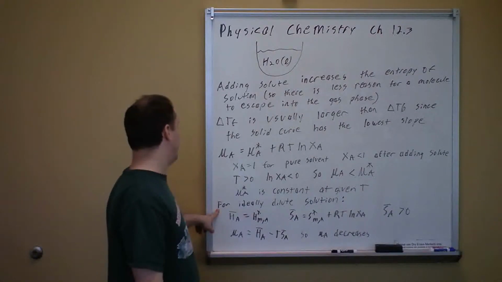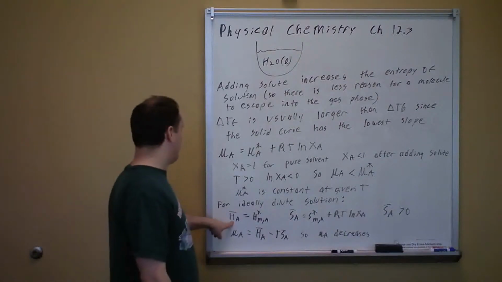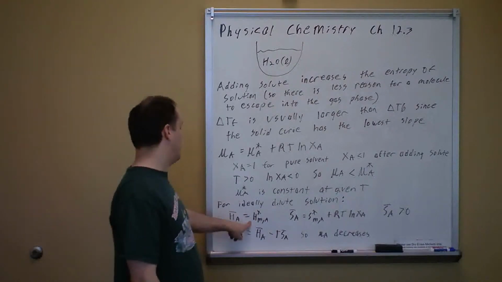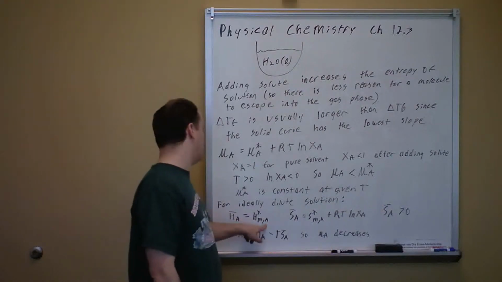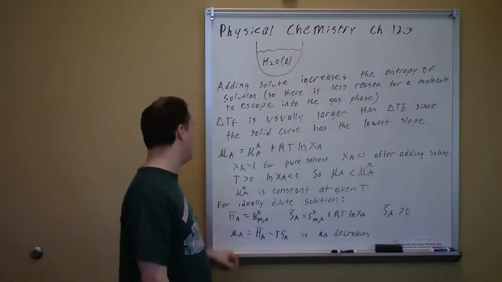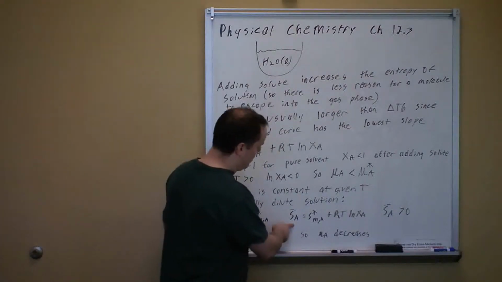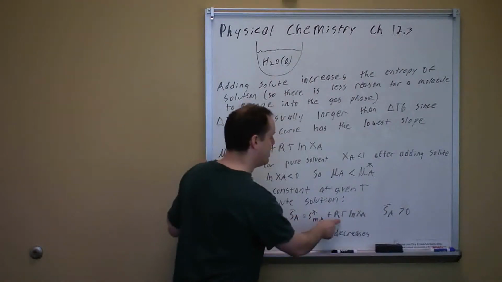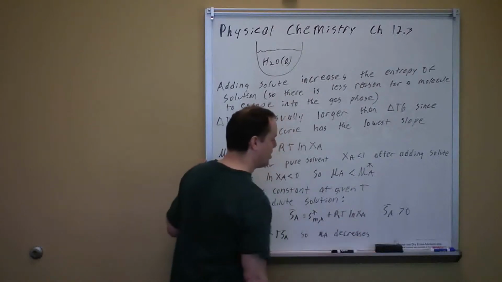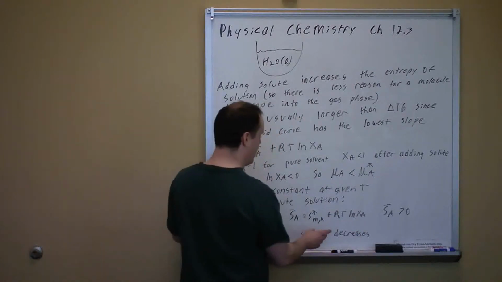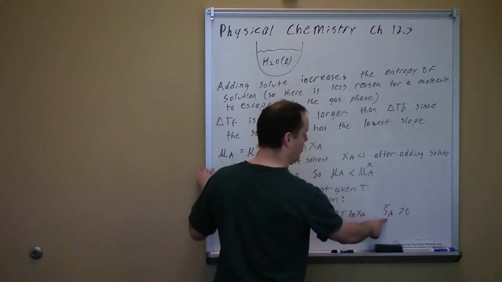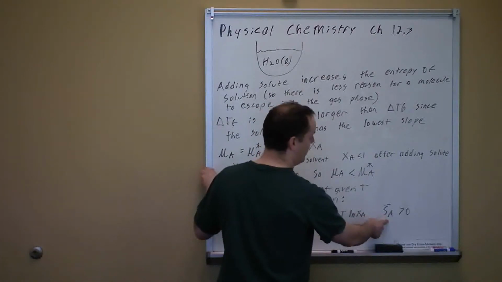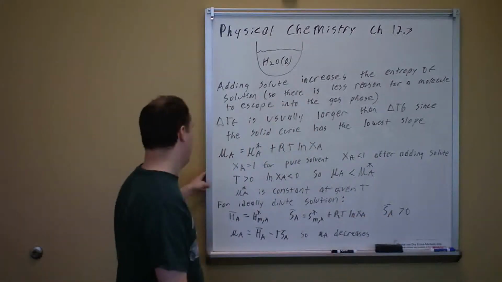Now, let's say we have an ideally dilute solution. The partial molar enthalpy of A is just equal to the molar enthalpy of A in the unmixed state. And likewise, the partial molar entropy of A is just the molar entropy of A in the unmixed state, plus RT natural log of the mole fraction of A. Now we know the partial molar entropy of A is going to be greater than 0.